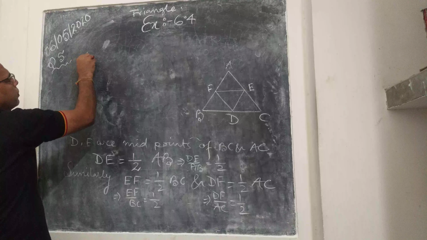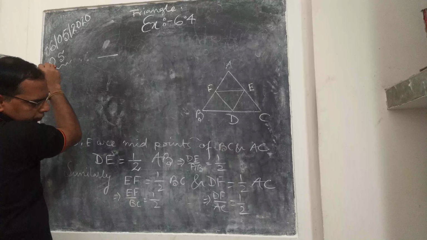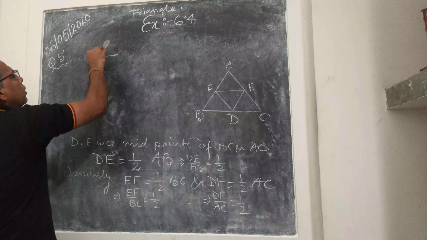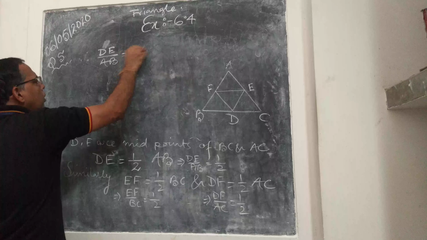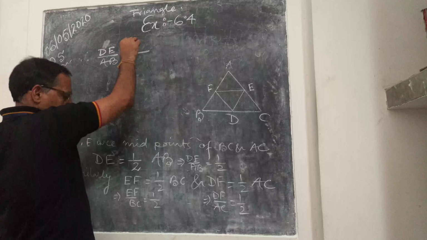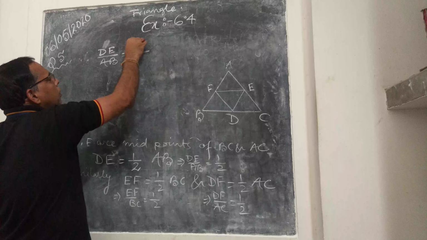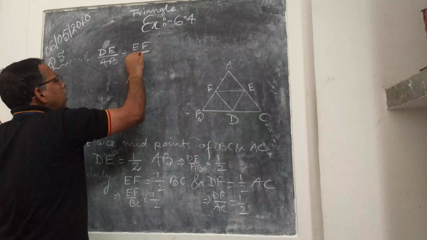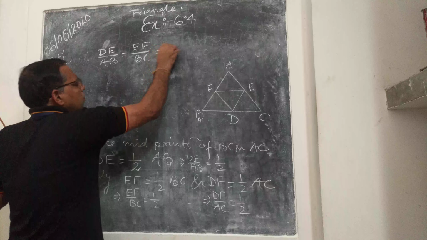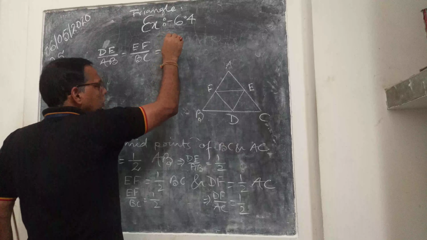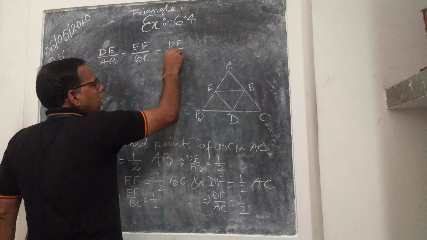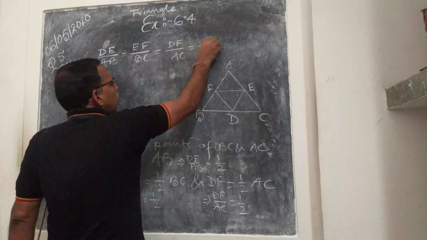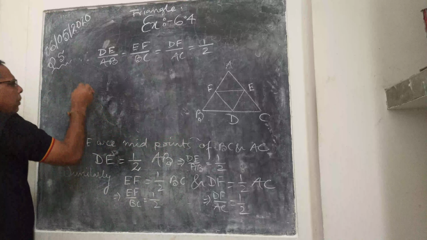Therefore DE by AB equals EF by BC equals DF by AC equals half. Implies what?